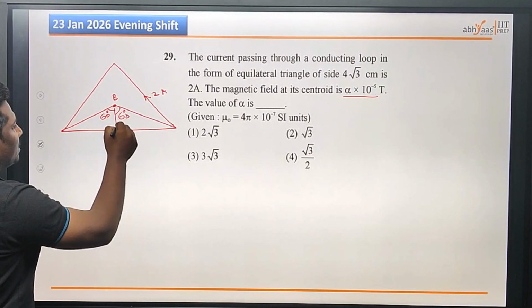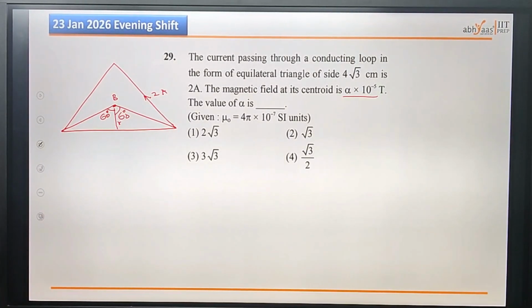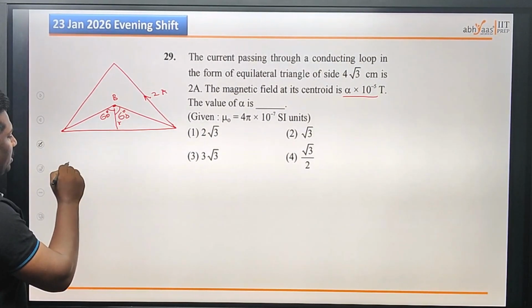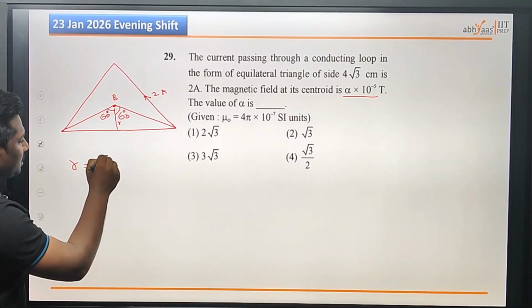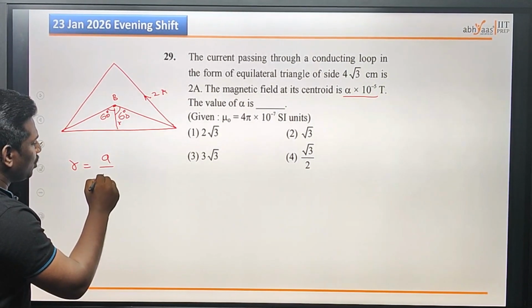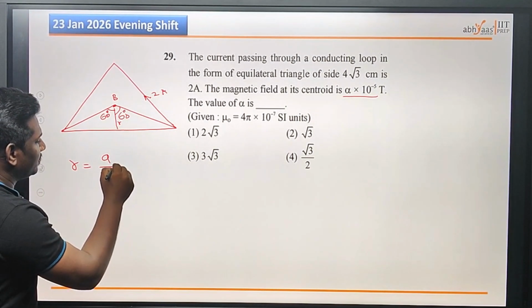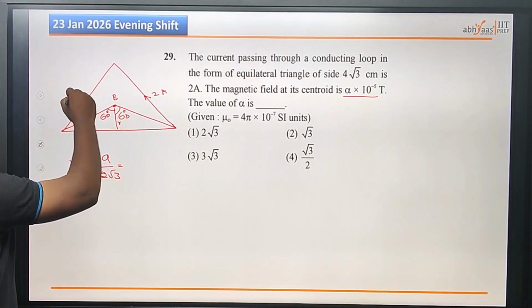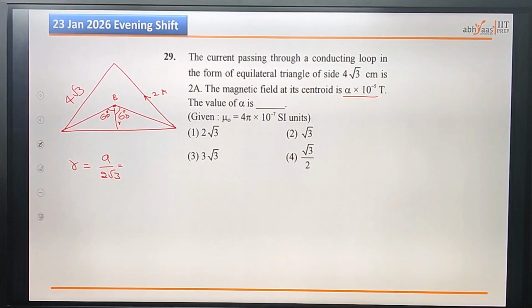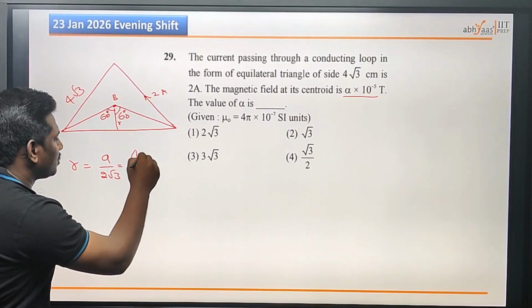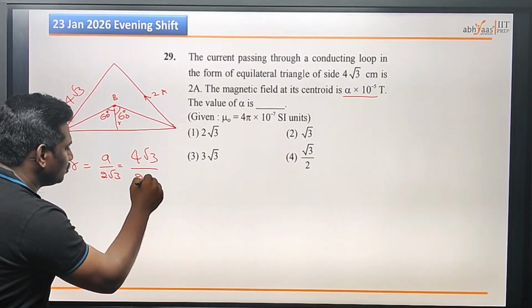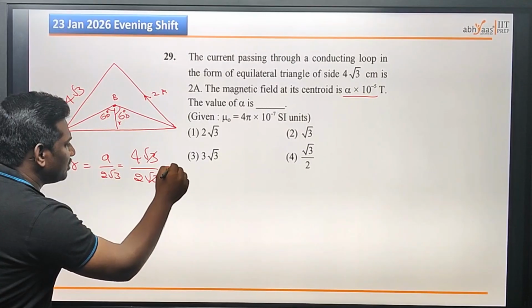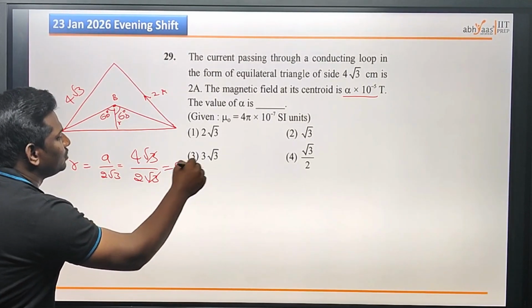But you have to find the R. What is R? Centroid. How to find out? Centroid R can be written as A by 2 root 3. They have given A already, 4 root 3 centimeters. So 4 root 3 by 2 root 3. From this one you will get R equal to 2 centimeters.